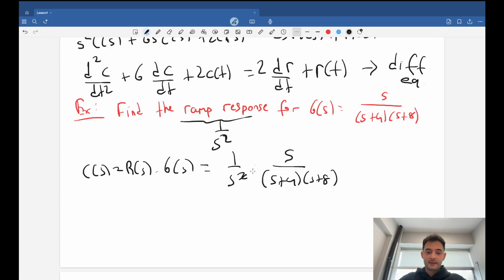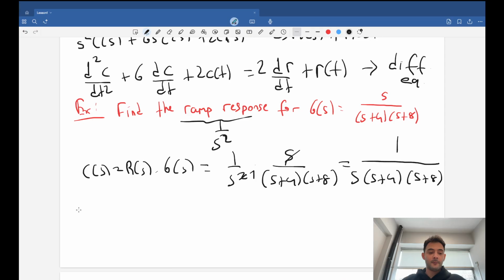Let's take this into 1 and let this go. So we will have 3 denominator contributions: s, s plus 4, s plus 8, right? So we will have A, B, C, 3 different denominators.